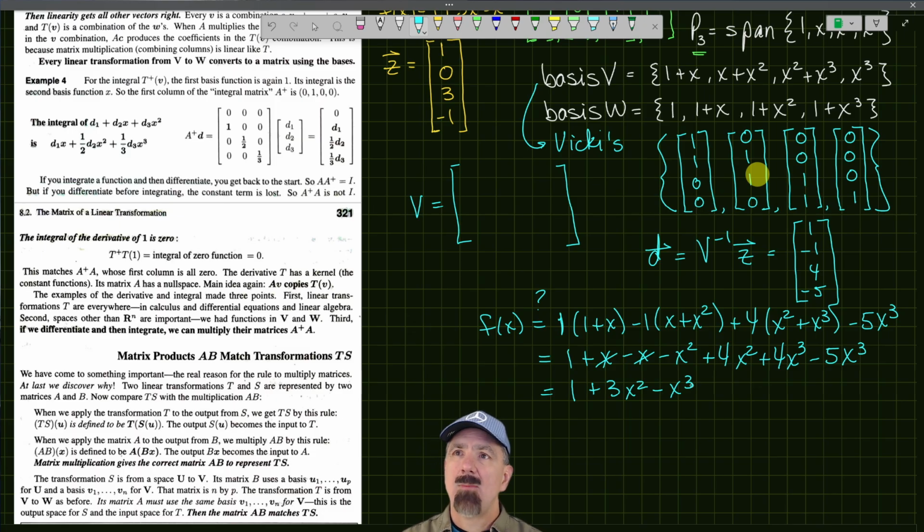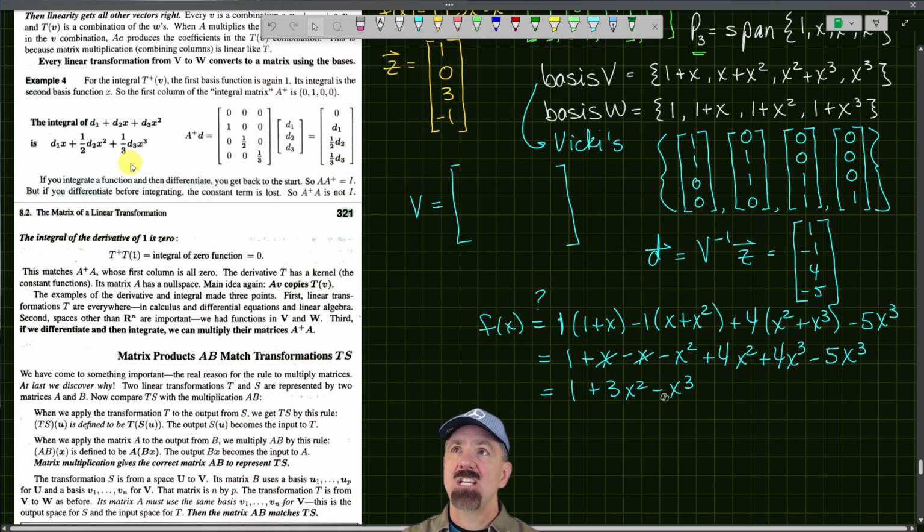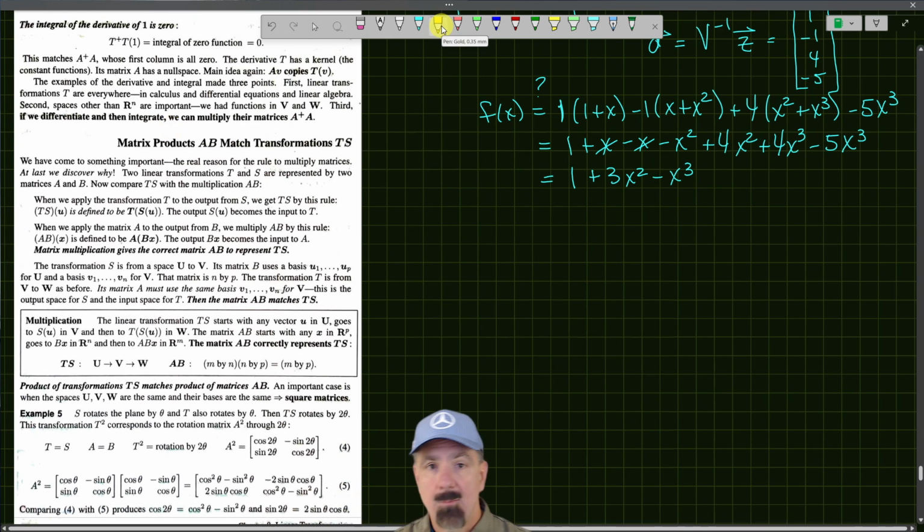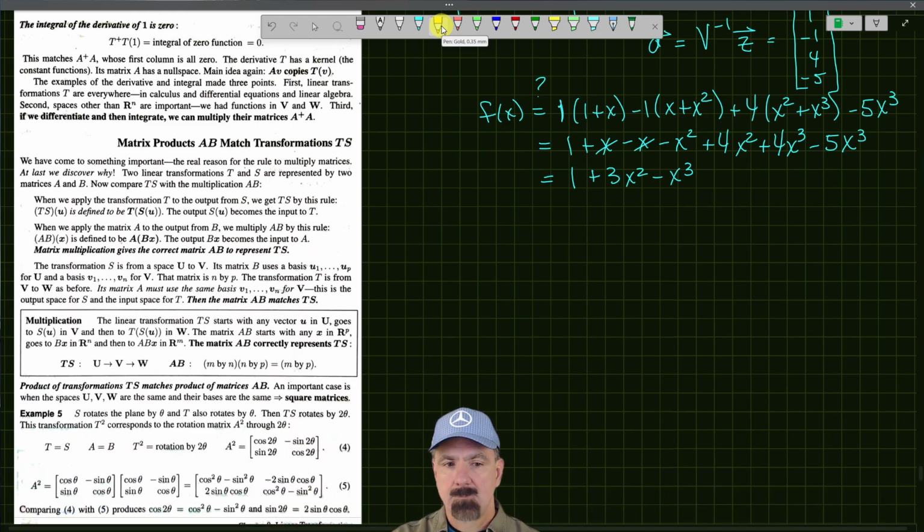Now what we want to do is think about, what if we want to take some operation and represent it? And this is the conversation he's having up here with respect to the differentiation matrix and the integration matrix. I want to look specifically at the differentiation matrix. You remember, and let me write the differentiation matrix down in the monomial basis.